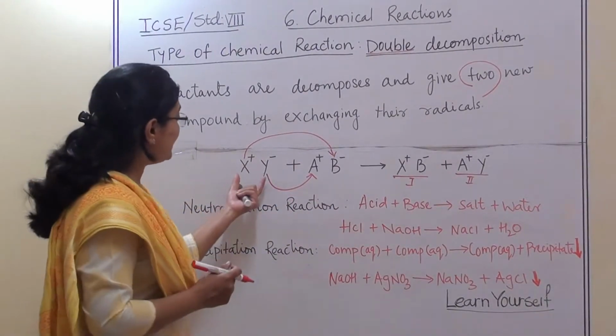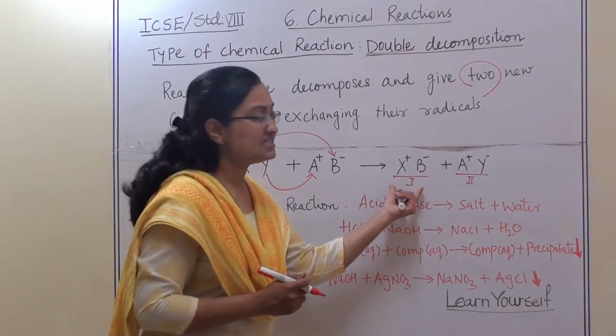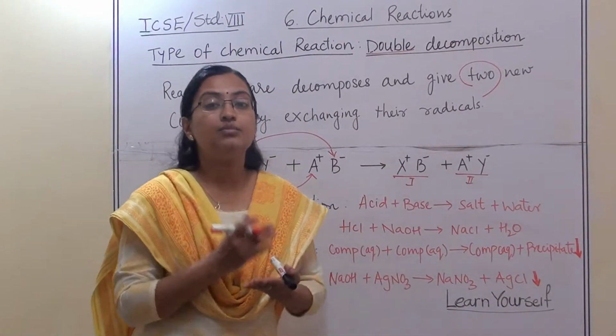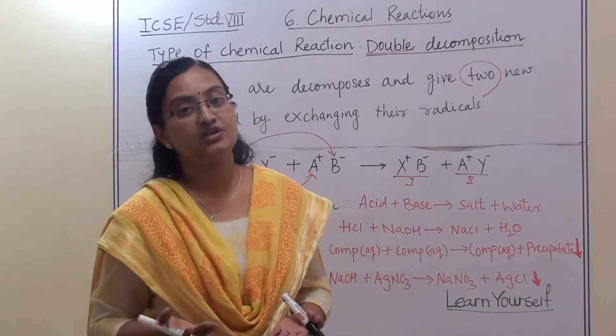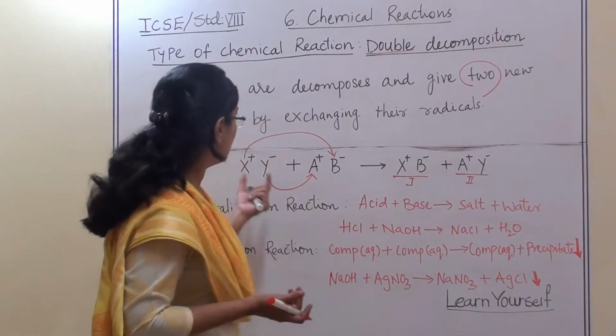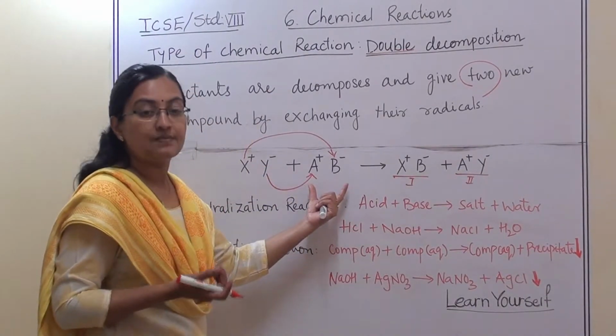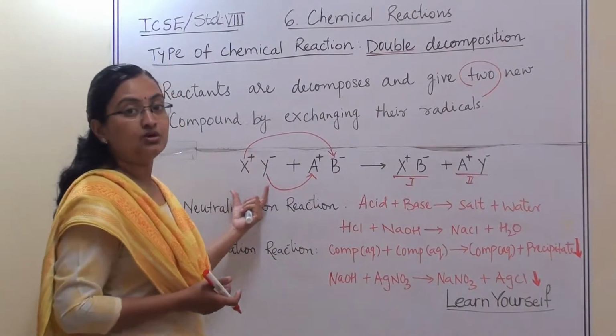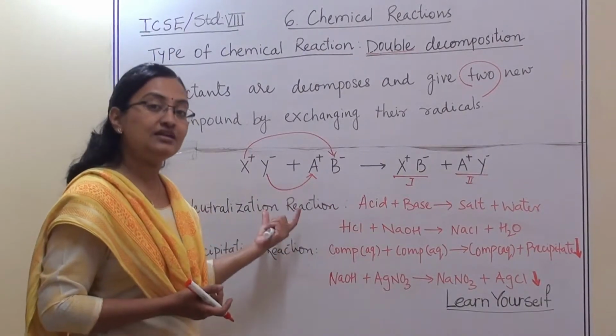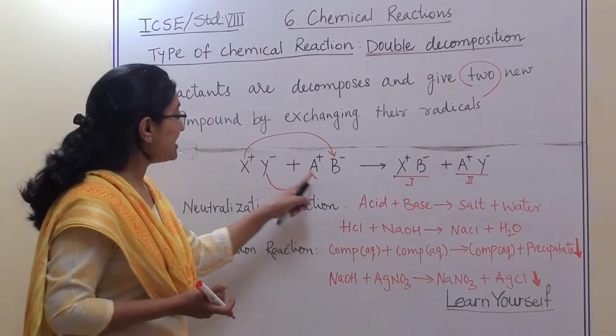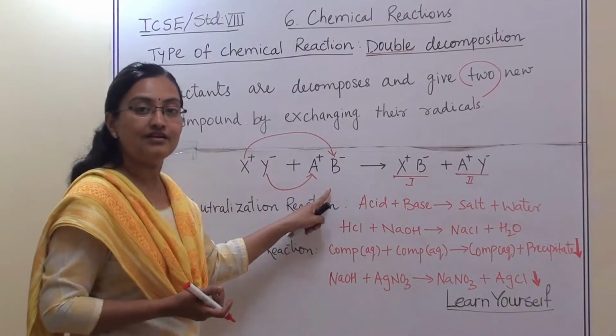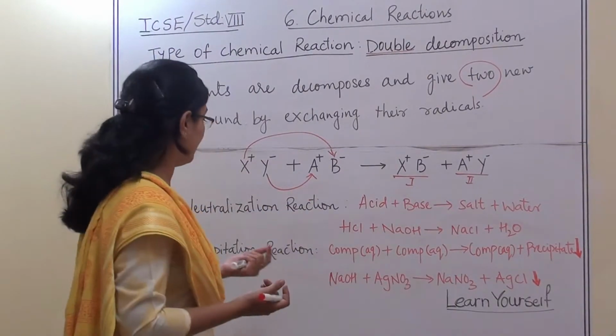How? Earlier it was XY, now it is XB. When we are breaking the reactant, it is known as decomposition. So they both are decomposed, by exchanging their radicals with each other.